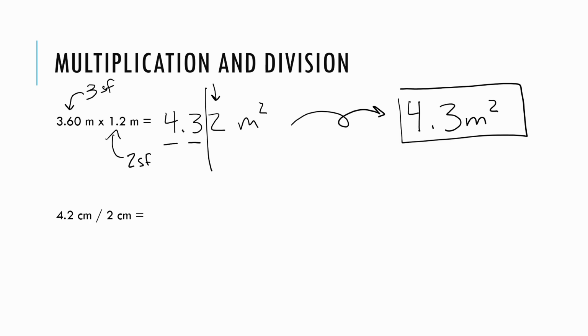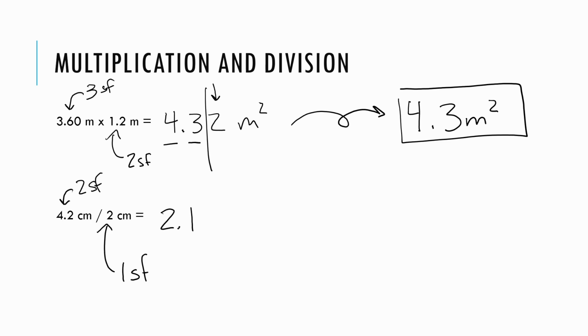For our next one, we have 4.2 centimeters divided by 2. In this case, we could pop this into our calculator and what we would get is 2.1. Now we need to check our precision. For our significant figures, we have 4.2, that's 2 sig figs. And then our 2 right here actually only has 1 significant figure.